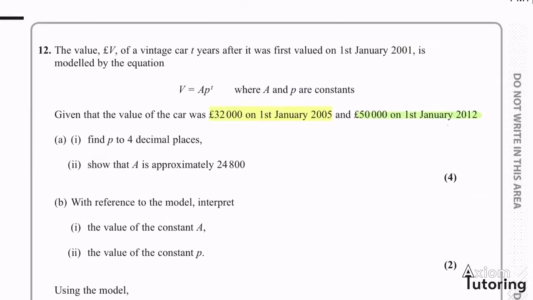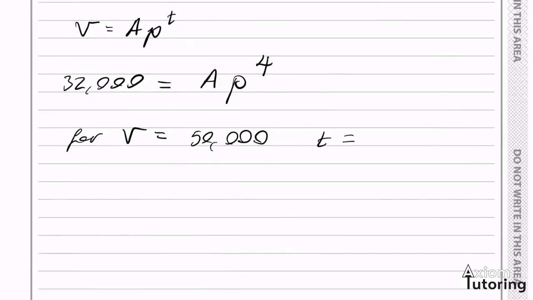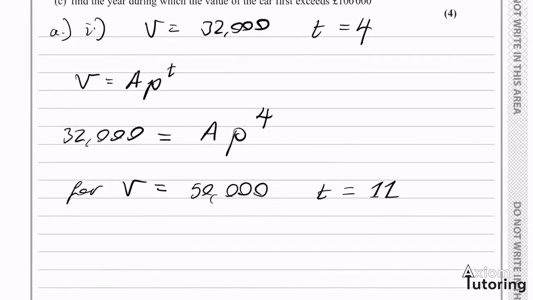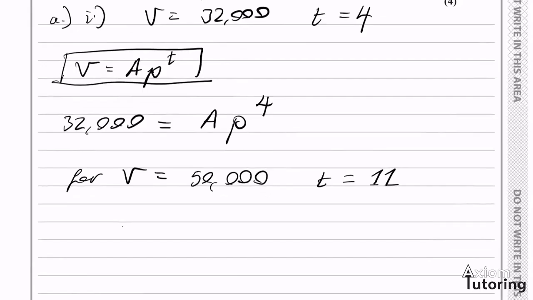So if it's being valued on the 1st of January 2012, and again, T is in years after it's first valued on the 1st of January 2001, then T will be 11 years. So T is 11. And so now we can substitute these values into our equation to get 50,000 equal to A times P to the power of 11.